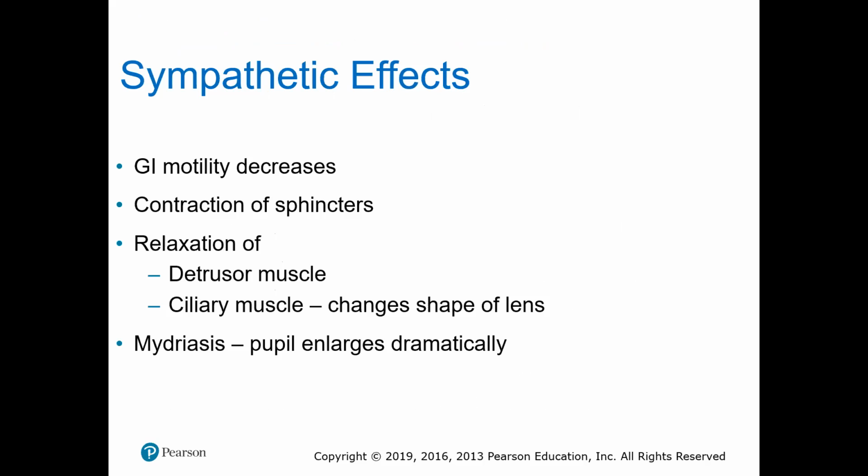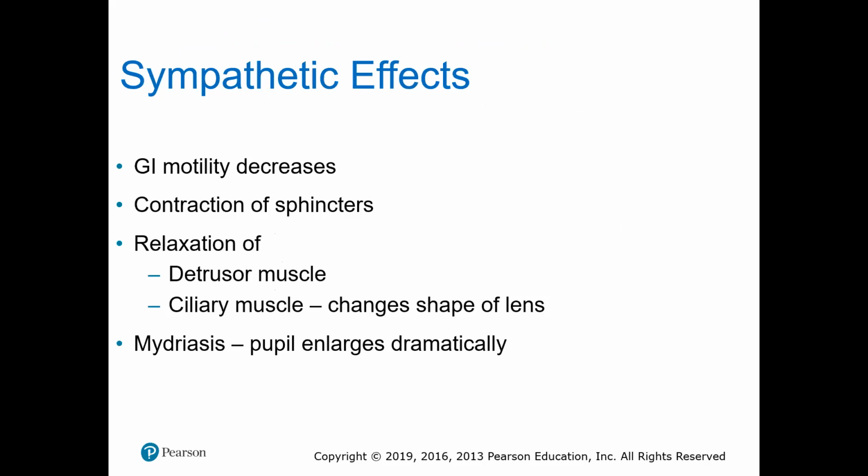I've said this already. The gut activity drops, the sphincters contract, you're not worried about peeing, you're not worried about defecating. The ciliary muscle changes the shape of the lens so you can see better. And your pupil enlarges drastically.